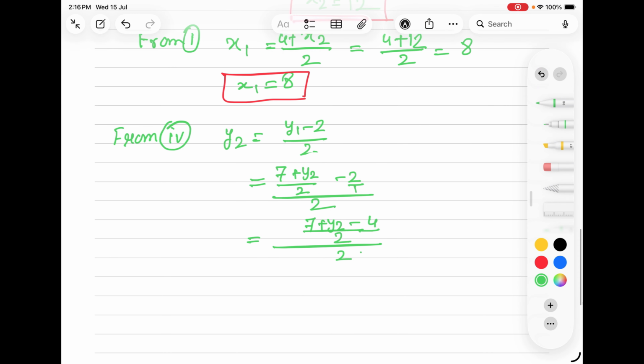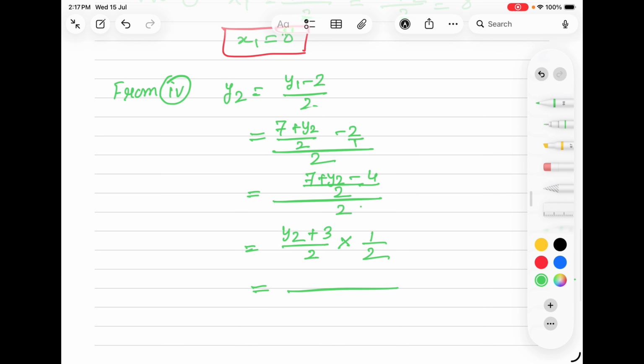Okay. How do you solve? In the same way, y2 plus 7 minus 4, 3 by 2, and on the denominator part 2 is there. So when it comes in multiplication form, 2 will be the reciprocal, 1 by 2. Now simply multiply the numerator part and the denominator part across. y2 plus 3 and the denominator part 2 times 4.